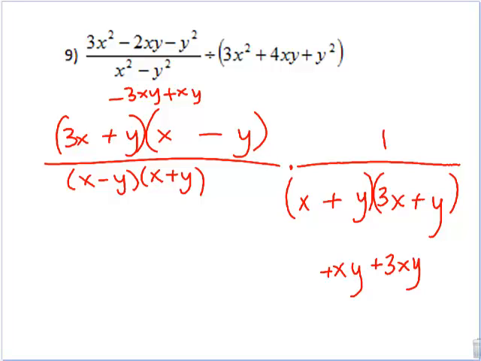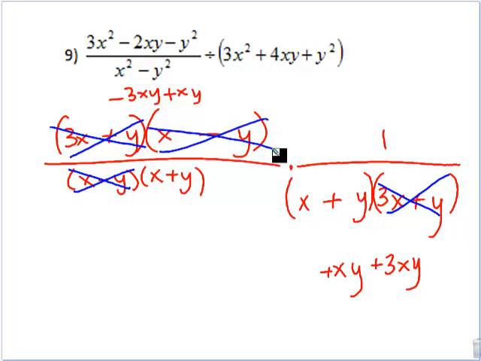So now what will all cancel? Okay, so the 3x plus y will cancel. What else will cancel? Good, the x minus y will cancel. And then we are left with a 1 in the numerator. And then we have an x plus y times an x plus y. So our first terms would be x squared, yep.